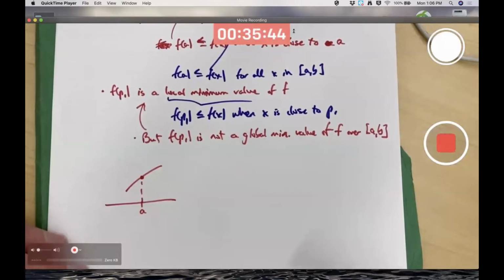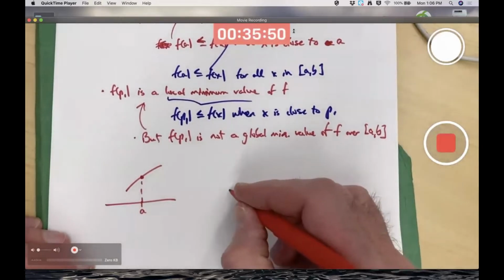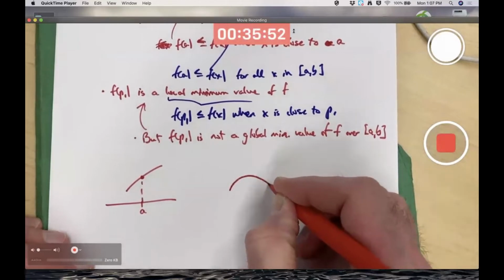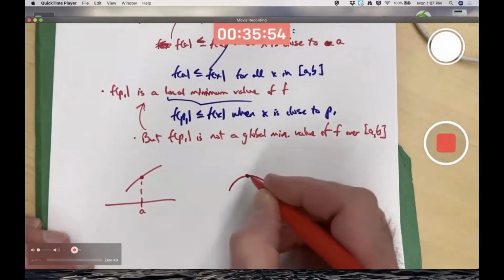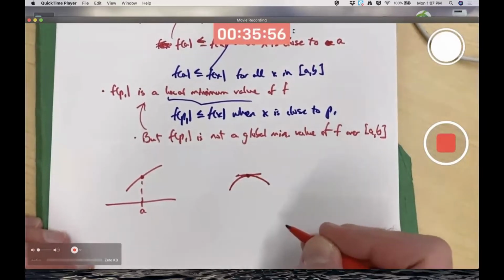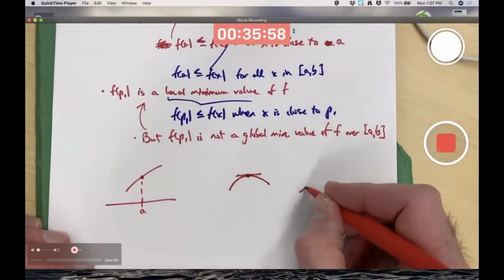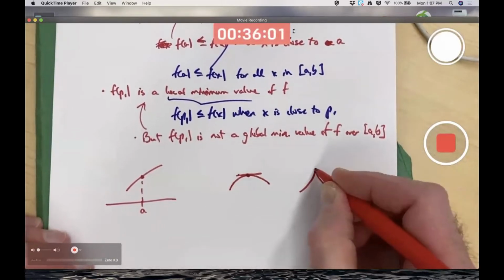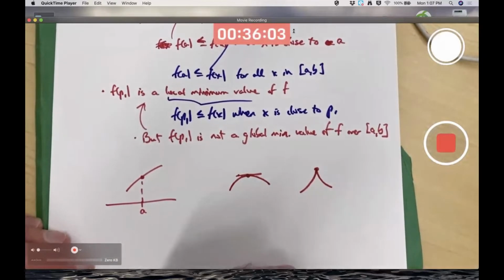Effectively, there's two ways local maxes and mins can occur at critical points. You either have a top of a smooth hill where the slope is 0, or you might have like a corner in the graph where the slope is undefined.